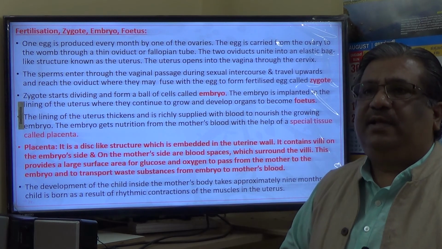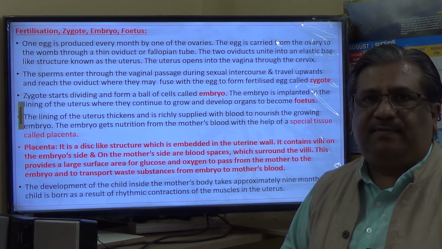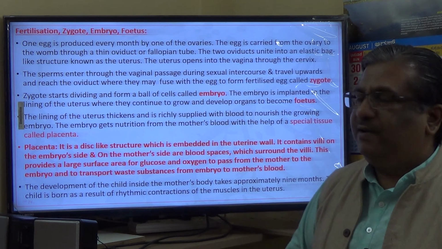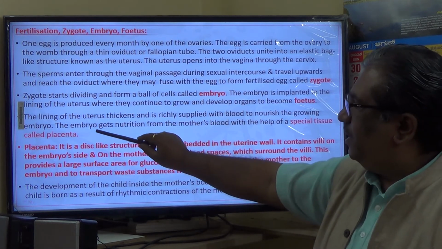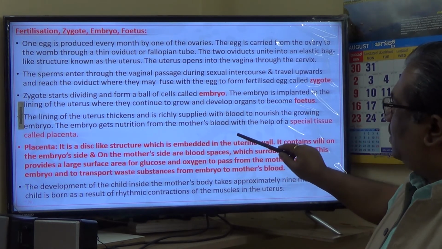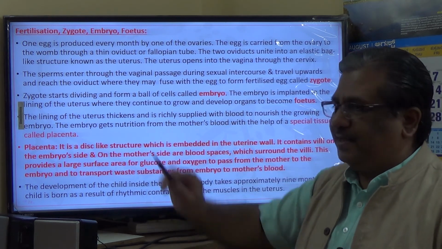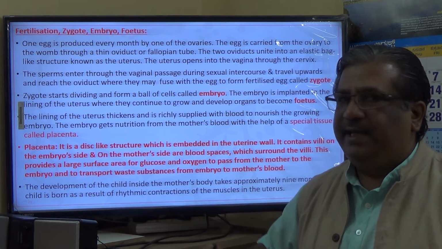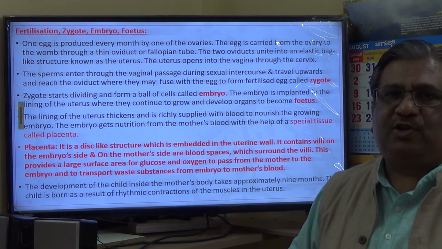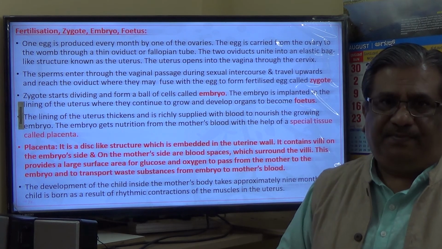That means the embryo should get its food from the mother's blood itself, and therefore, see here, important, this paragraph to understand. The embryo gets nutrition from the mother's blood with the help of a special tissue called placenta.